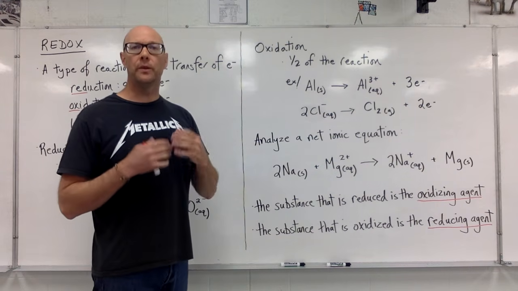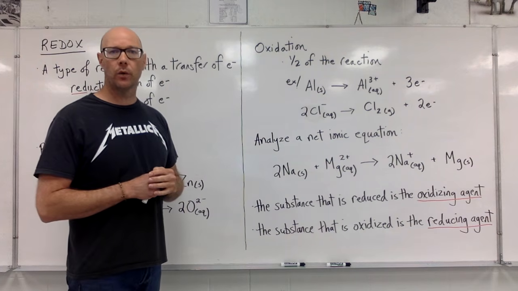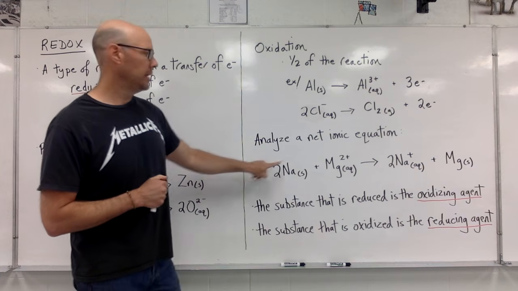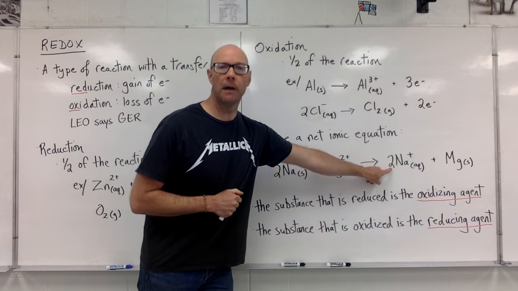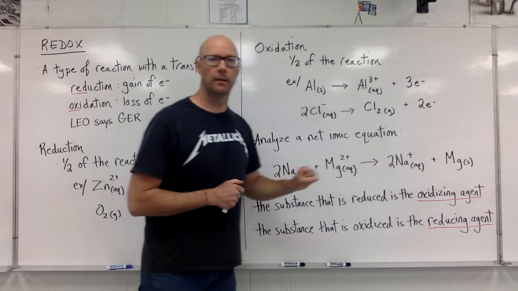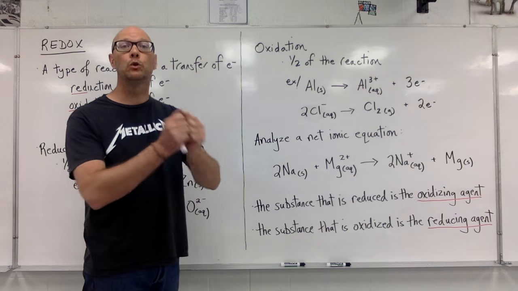What we can do with these ideas is analyze a net ionic equation. Here I have sodium atoms that turned into sodium ions. Something that was neutral became positive. That's oxidation. We had to lose electrons.